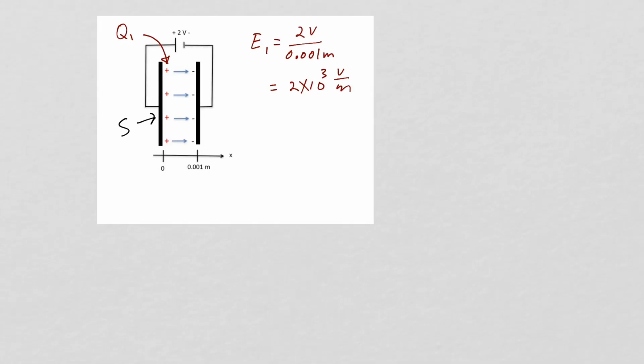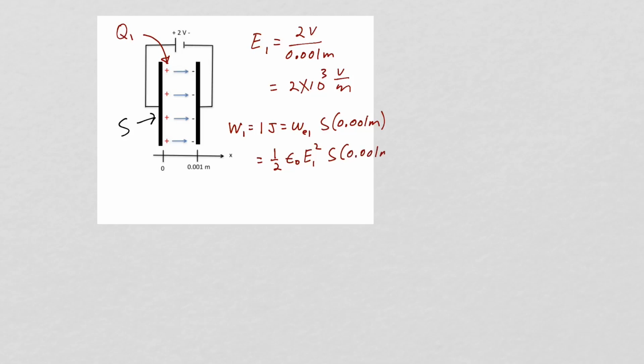And let's say the energy stored on the capacitor is 1 joule, which we know is equal to the energy density times the volume of our capacitor, or 1/2 epsilon sub 0, the magnitude of the electric field intensity squared times the volume of our capacitor. And we're going to assume free space between the capacitor plates.